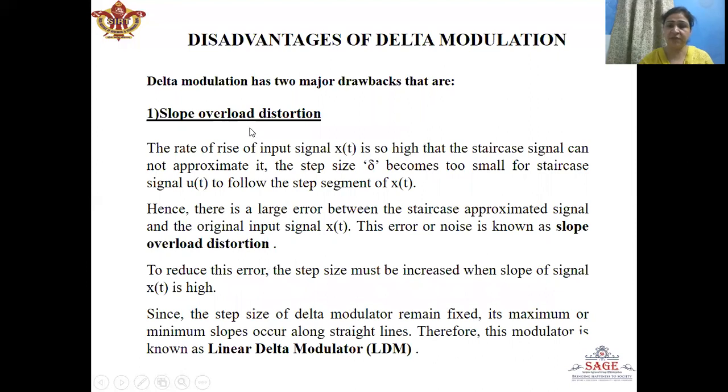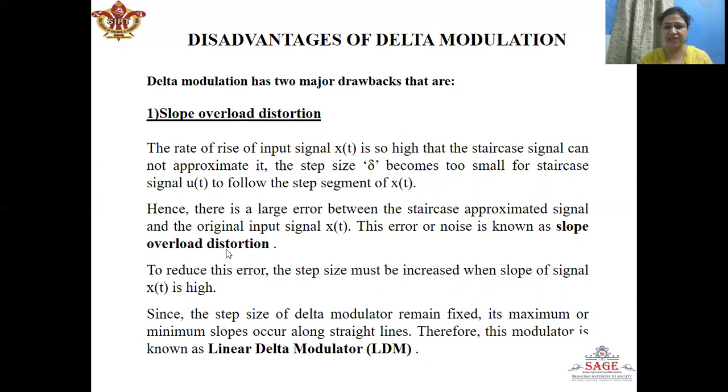Now, coming to the limitations of the delta modulation system. There are two major drawbacks in delta modulation. First is slope overload distortion. In slope overload distortion, the rate of rise of the input signal is so high that the staircase signal cannot approximate it. That is, the step size becomes too small for the staircase signal to follow the steep segment of x(t).